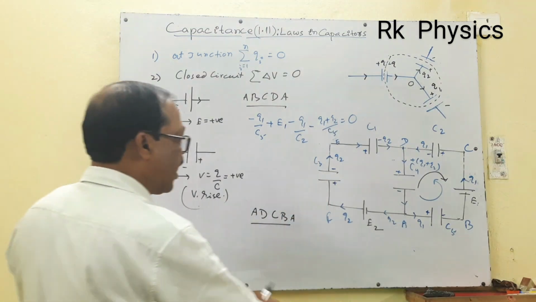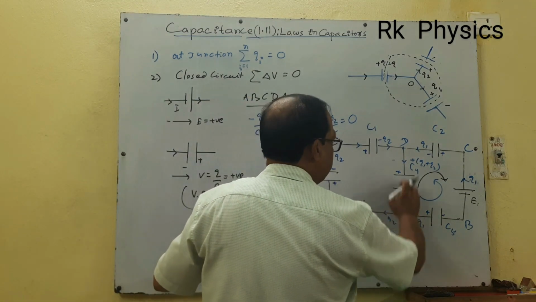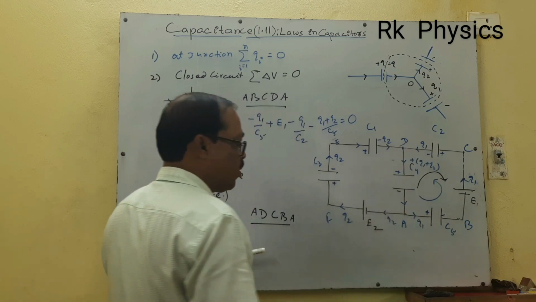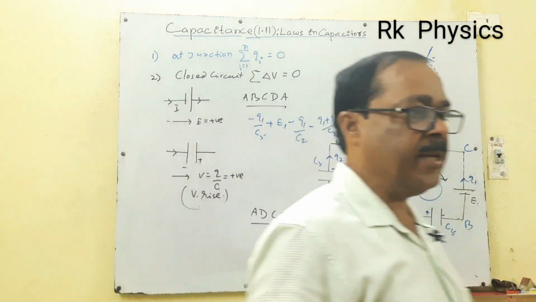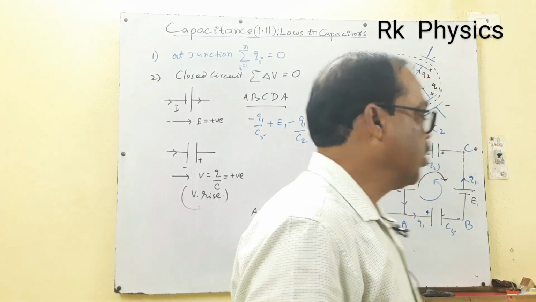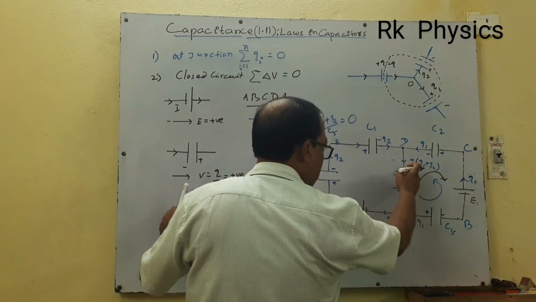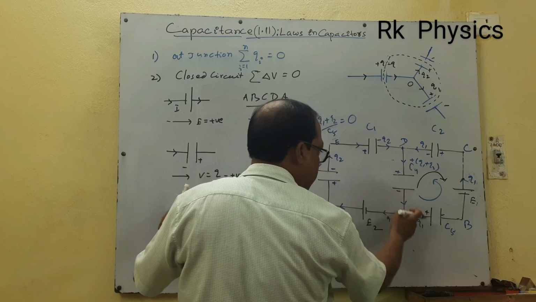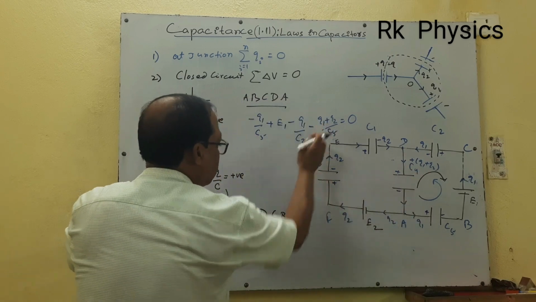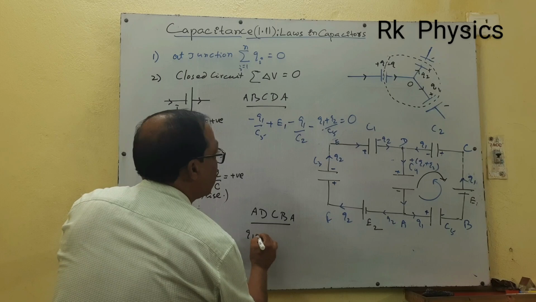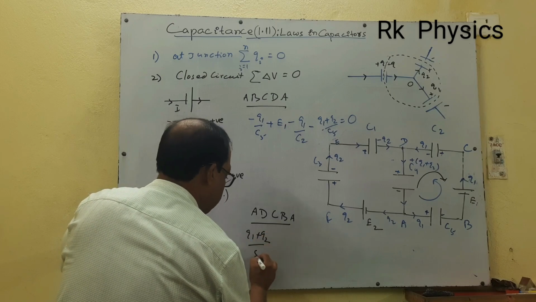If you start from A, then move to D. Then the current is opposite to plus to minus, your direction is opposite. Therefore this first term is Q1 plus Q2 divided by C5.